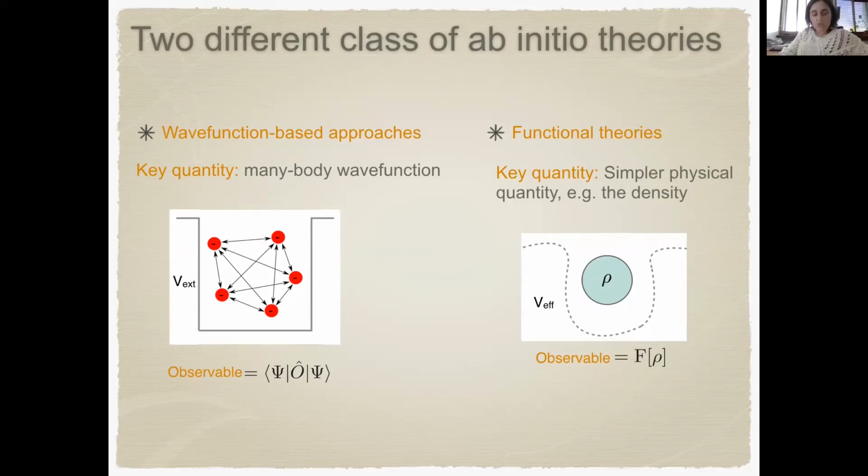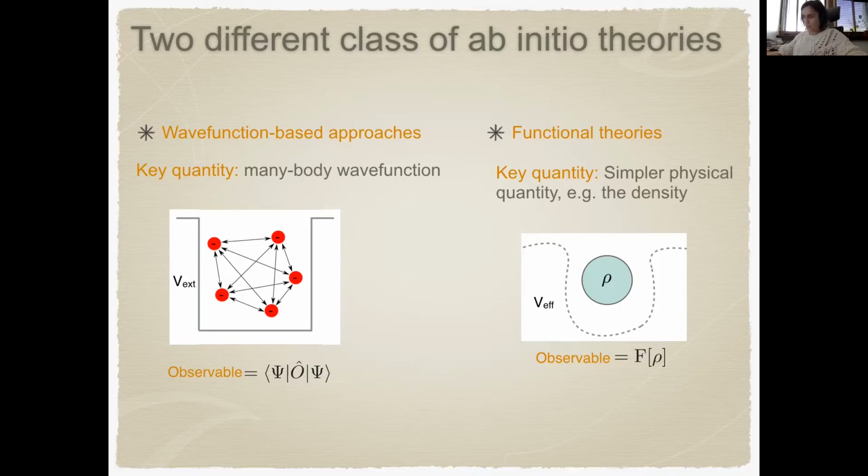We try to approximate it as best we can, and then from it we can calculate the observables, just averaging over the many body wave function.